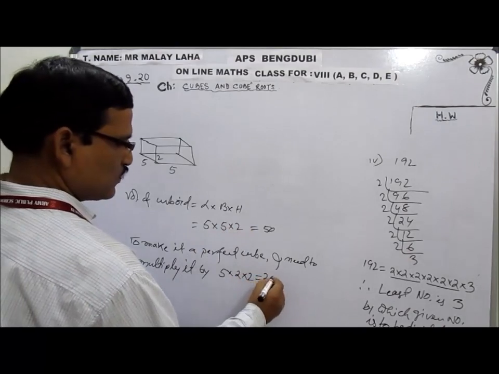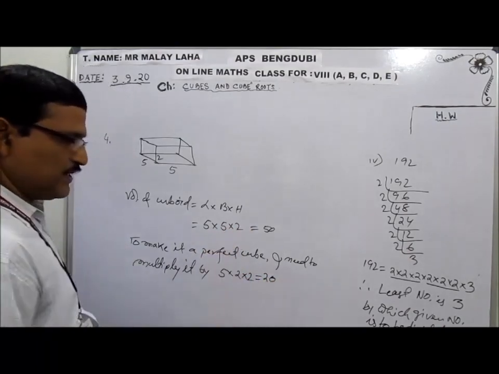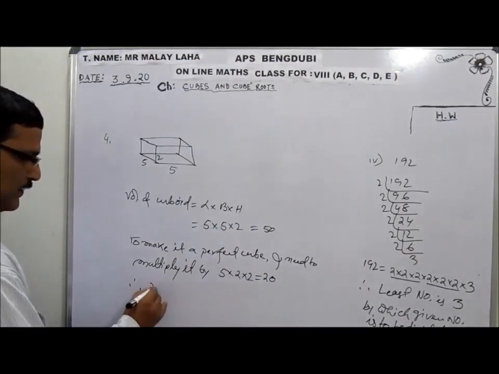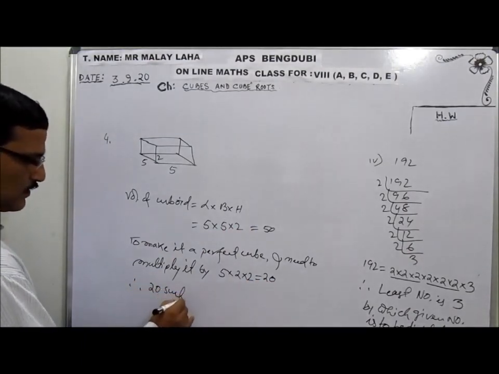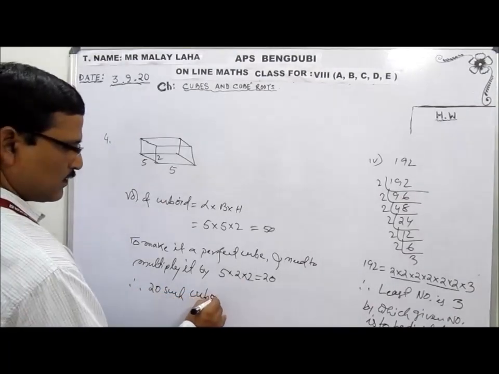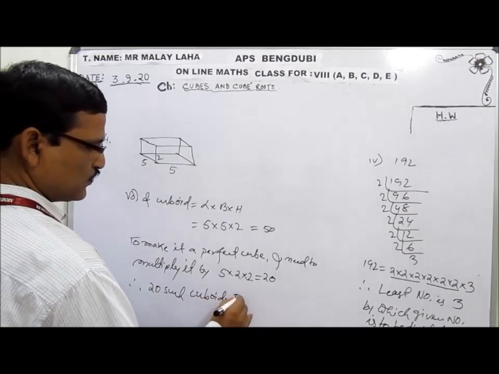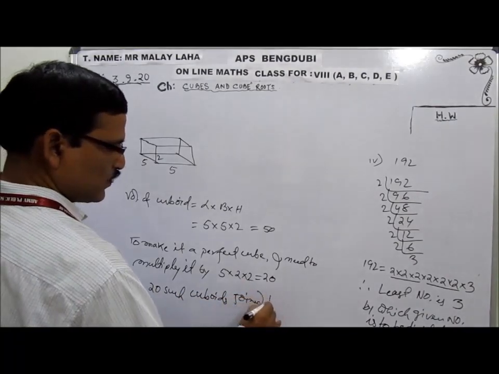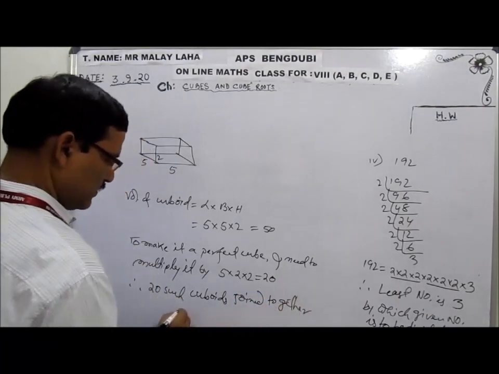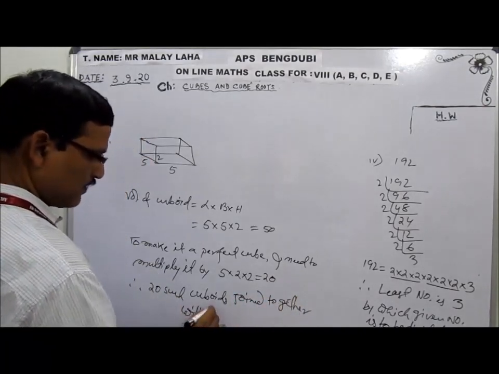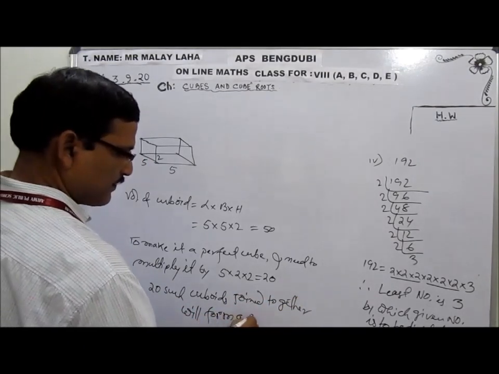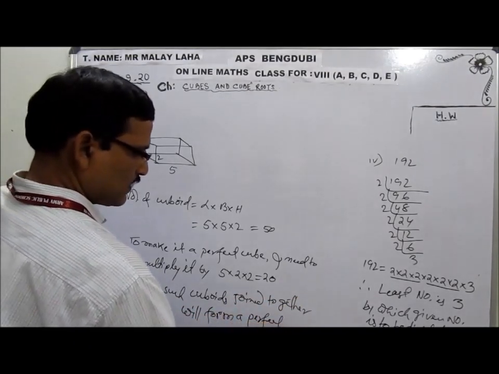That means 20. Therefore, 20 such cuboids joined together will form a perfect cube.